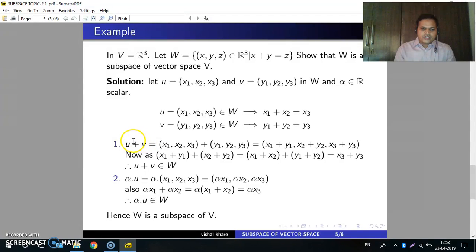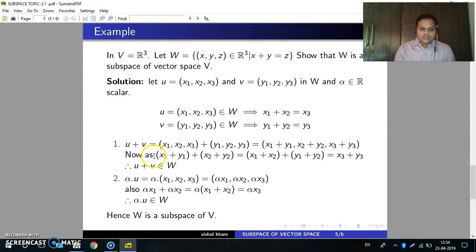Now we'll check condition number 1. u plus v is equal to (x1, x2, x3) plus (y1, y2, y3), which is equal to (x1 plus y1, x2 plus y2, x3 plus y3), since each coordinate is added to the corresponding coordinate. Now we'll check whether this element belongs to W or not. We have to check whether the addition of the first two coordinates is equal to the third coordinate.